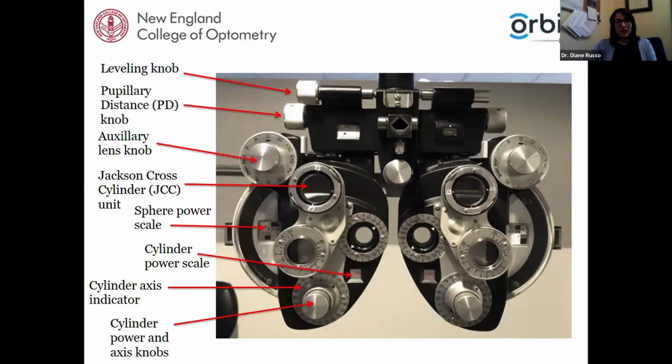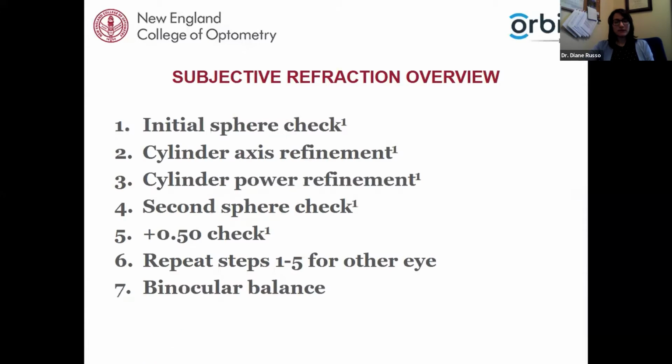The same thing in the last lecture, we went through the different parts of the phoropter to make sure that we're all familiar with the different knobs and dials, because we will be discussing some of those today as well. And then this was the layout that we went through, the process that we went through in the previous lecture.